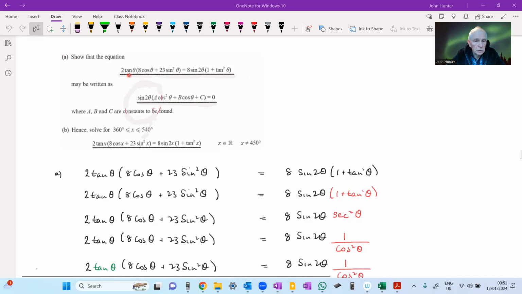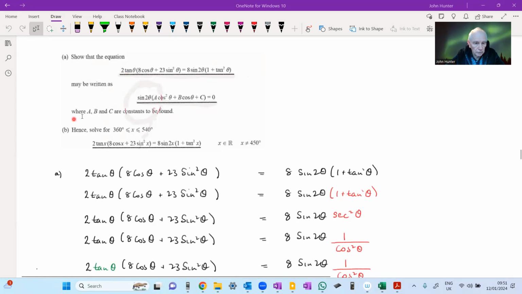Show that the equation, well, this lot, tan theta, 8 cos theta, 20 sine squared theta equals 8 sine 2 theta into 1 plus tan squared theta can be written as this expression here, which has a sine 2 theta, and then this quadratic with unknown coefficients.